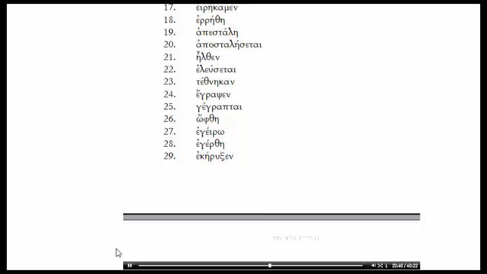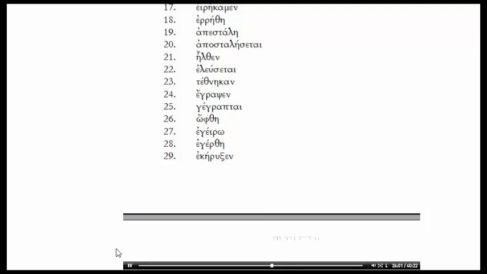Lego, eroo, apon, erika, erimai, erethane. This is another one that has to be memorized. This is again a second aorist form. And what will this be?